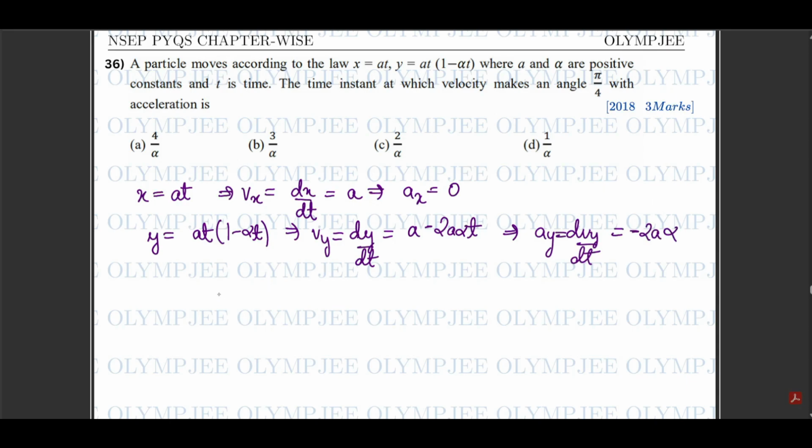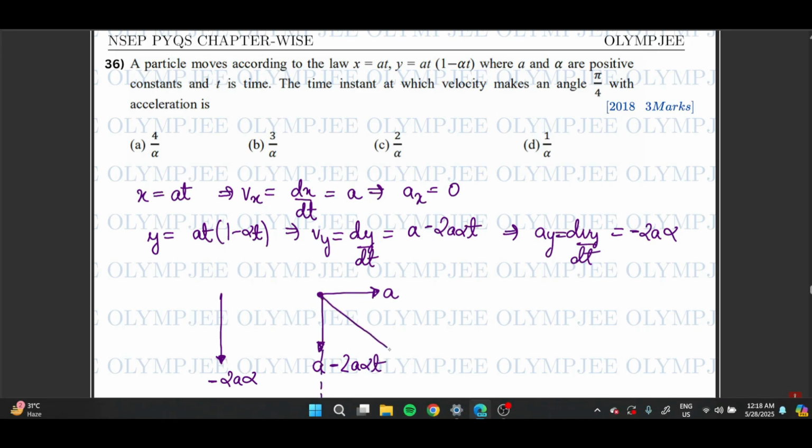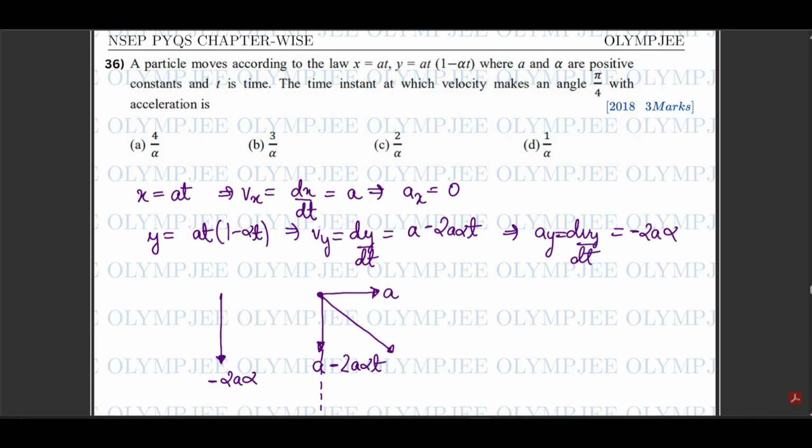So the acceleration is constant in the minus y direction, and the velocity is a in this direction and a minus 2a alpha t. So this needs to make 45 degree with the minus y direction.